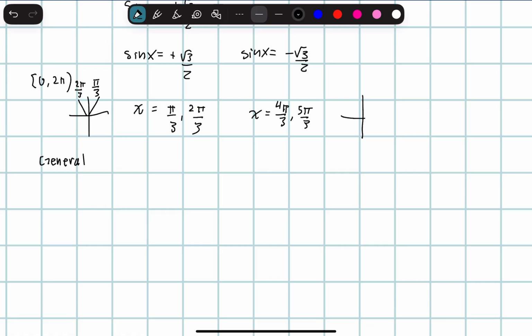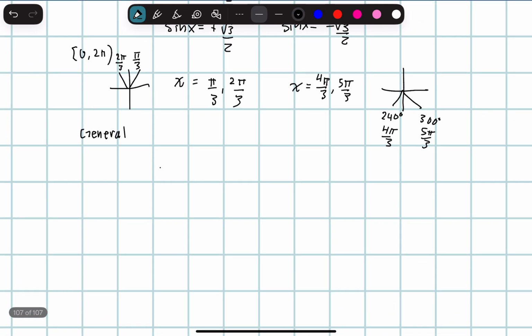If you have it like that, it's going to look like this. 4 pi over 3 is just pi over 3, 60 times 4, that's 240 degrees. 4 pi over 3, sorry about that. 5 pi over 3 is 60 times 5, that's 300 degrees. That's over here, 5 pi over 3 right there.